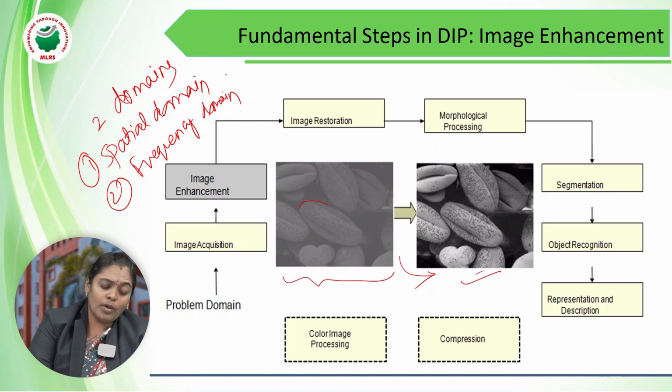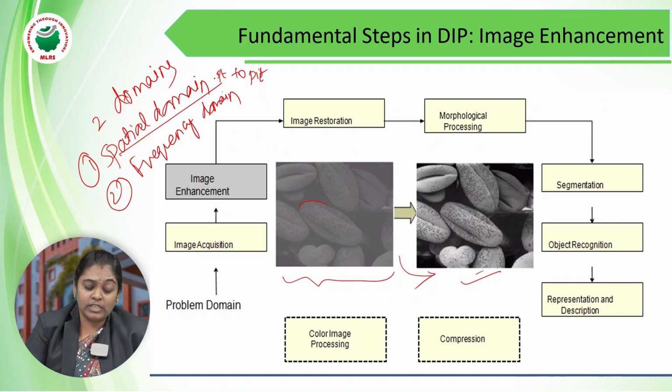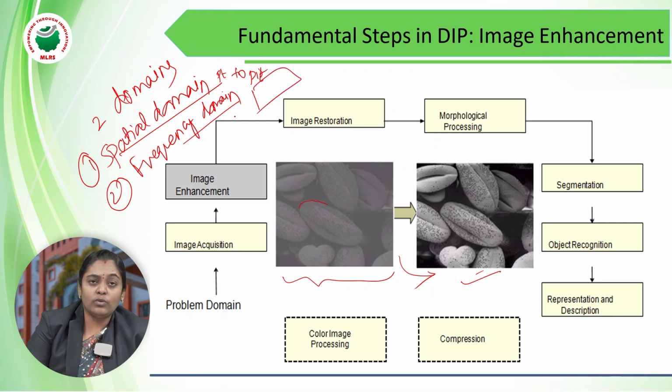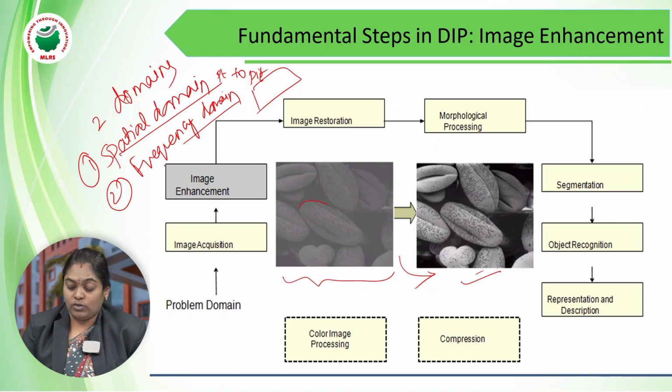If you are performing a point to point operation, meaning you are manipulating each and every pixel in an image, then it is called spatial domain enhancement. If you are operating on a group of pixels, if you are partitioning that complete image, then it is called the frequency domain. So in our syllabus, the complete unit 2 deals with image enhancement, that is spatial domain enhancement as well as frequency domain enhancement.